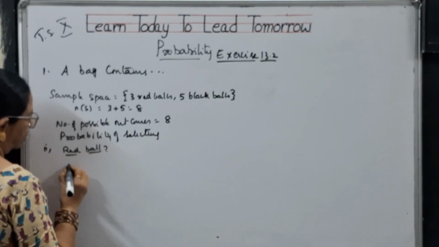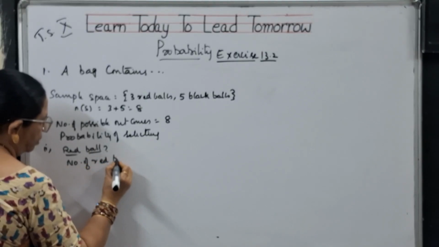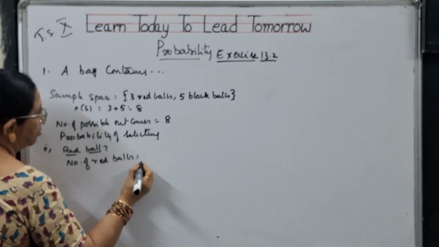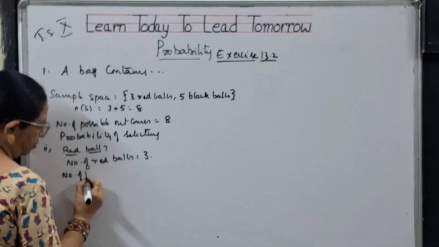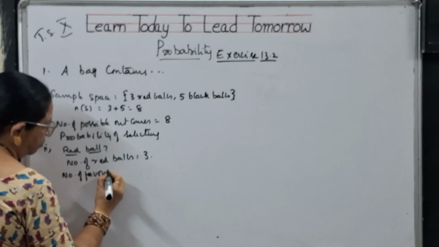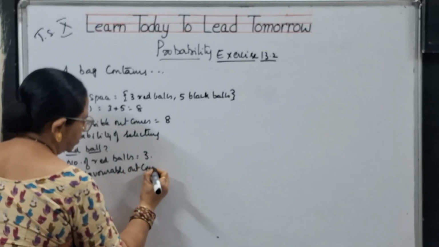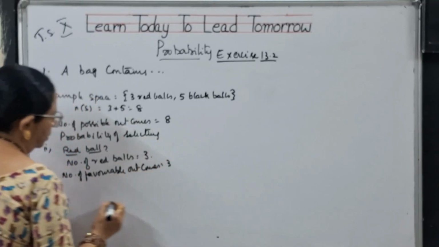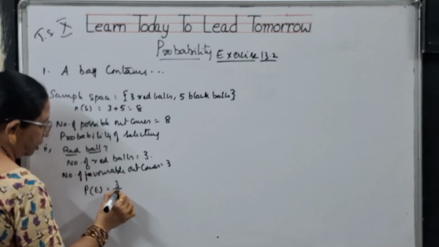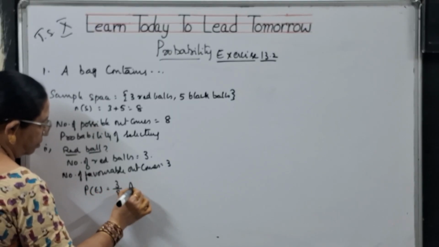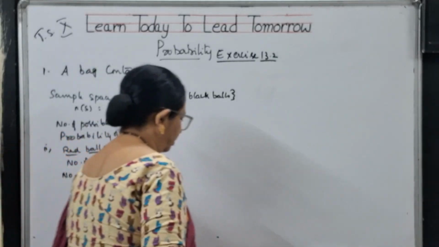Number of red balls are 3. So, number of favorable outcomes is equal to 3. So, P of E is equal to 3 by 8. This is the answer. We cannot simplify it. So, this is the answer, children.